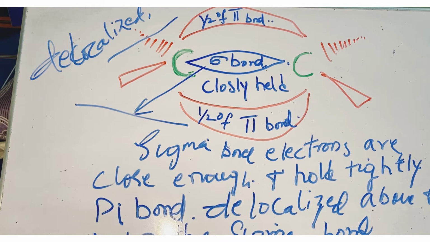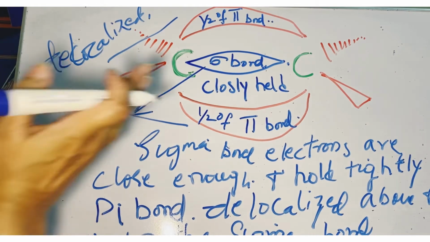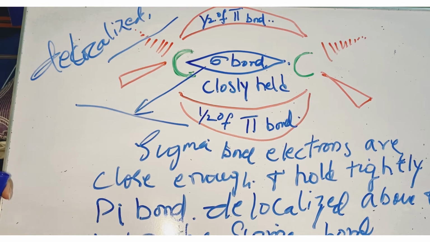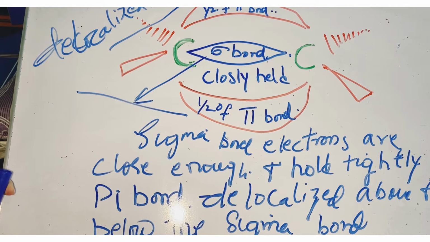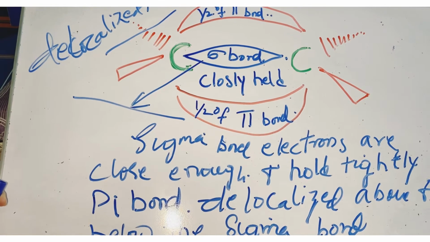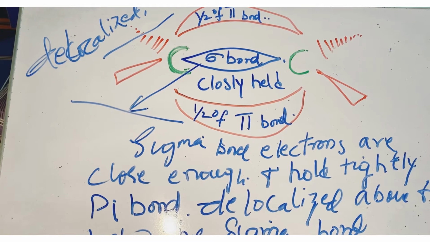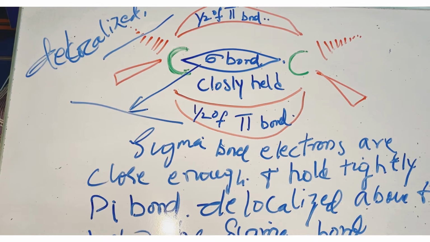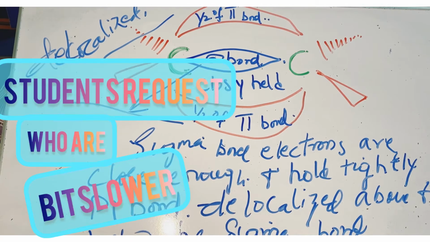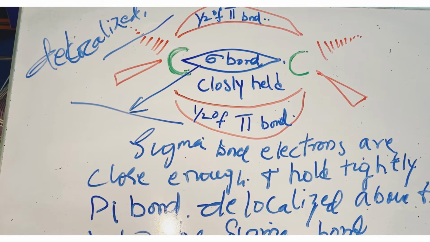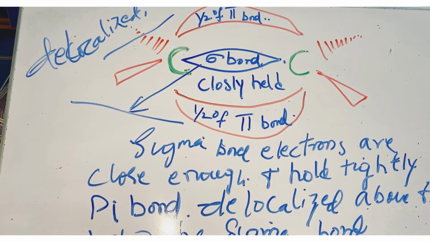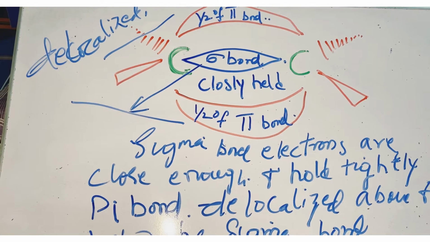So let us explain it on the board, so that it would be a bit easier for those students who are a bit weaker in following this topic. It's not for those who have the expertise. Don't consider yourself only. We are considering the students who are getting the points a little bit slower than the bright ones, the highlighted students. So please have mercy on the others.